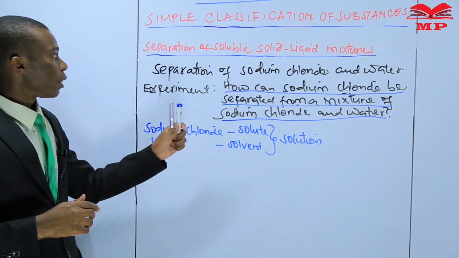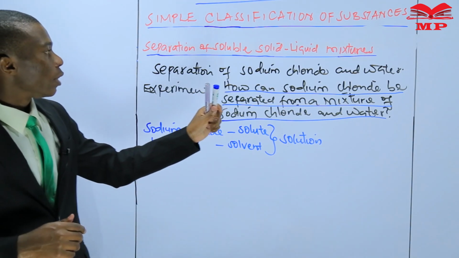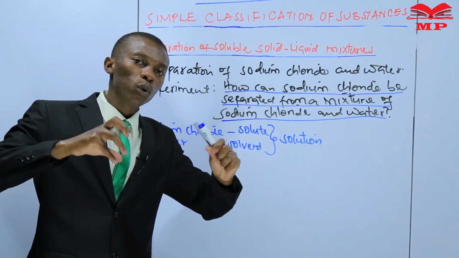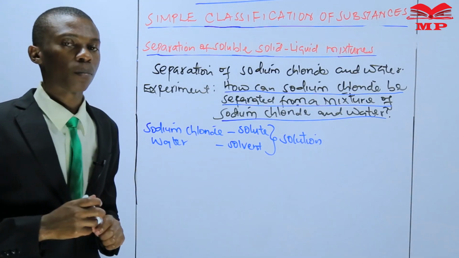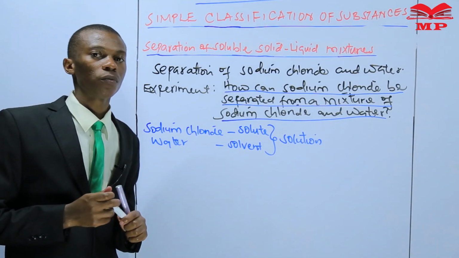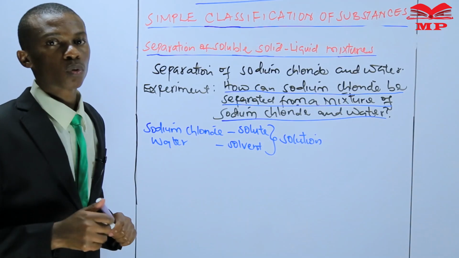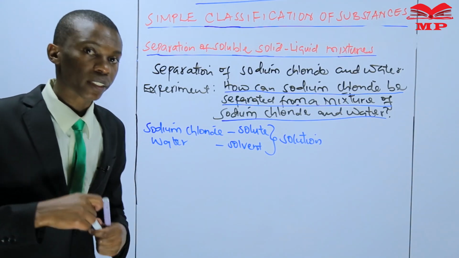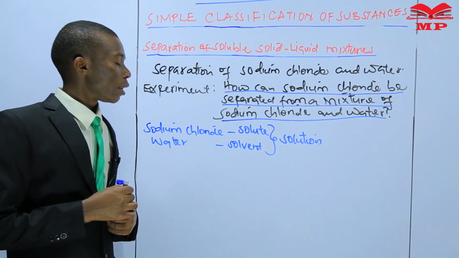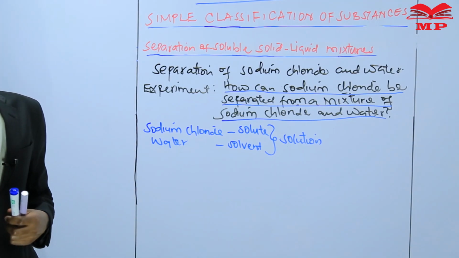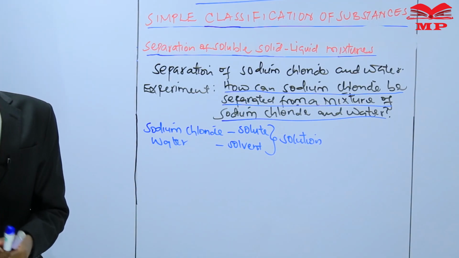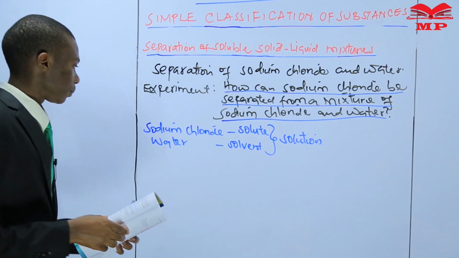Therefore, the aim of this experiment is to be able to obtain sodium chloride from a mixture of sodium chloride and water. I want to give you a procedure which you are going to use to show that.